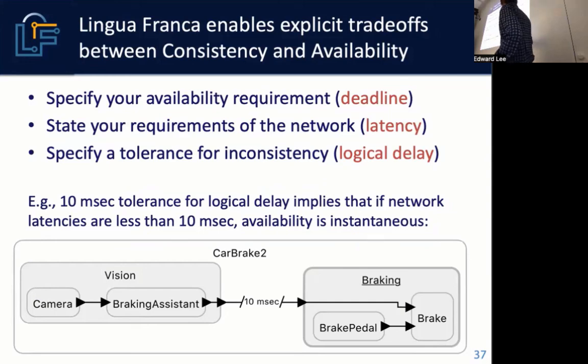So if you go back to the car braking system, you specify your availability requirements, which are deadlines. You state your requirements on the network. You specify a tolerance for inconsistency. This is logical. And this formula tells you exactly how much availability is rising.